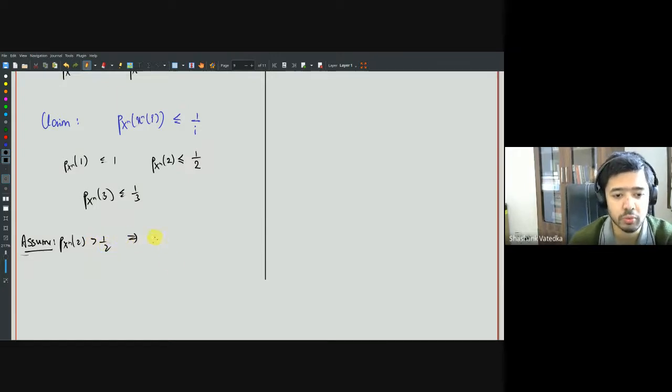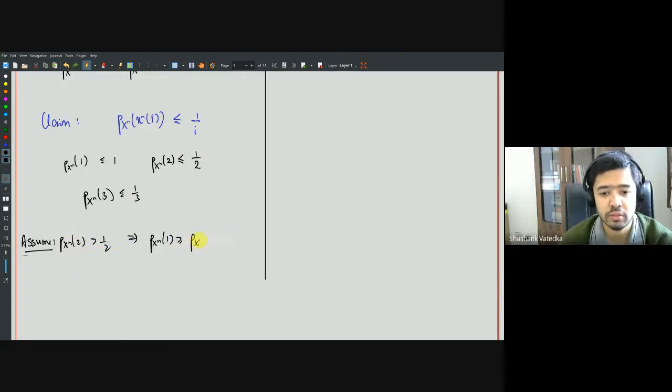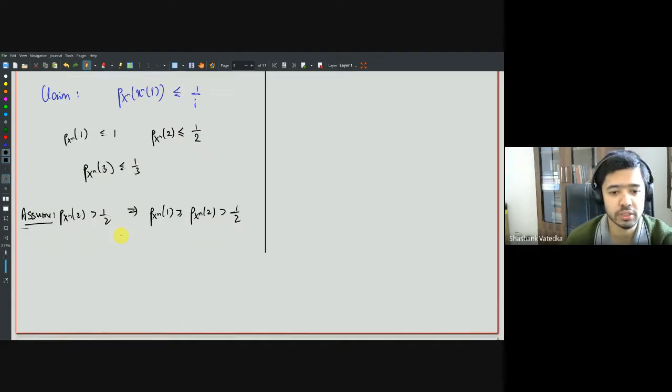But then what about P_Xn of 1? We know that this is greater than or equal to P_Xn of 2, so this should be greater than half, right? But then what is P_Xn of 1 plus P_Xn of 2?